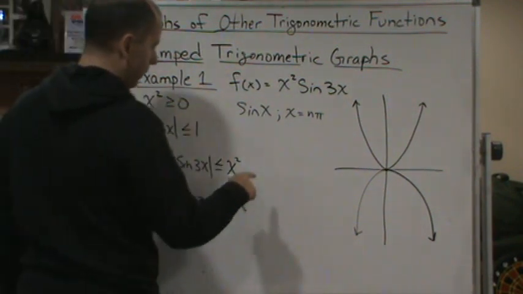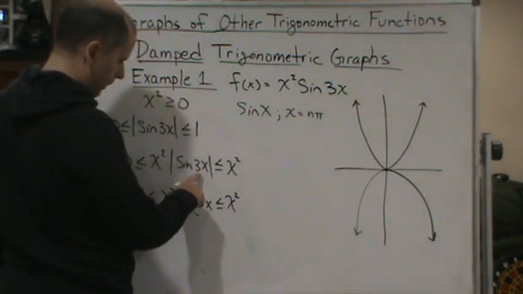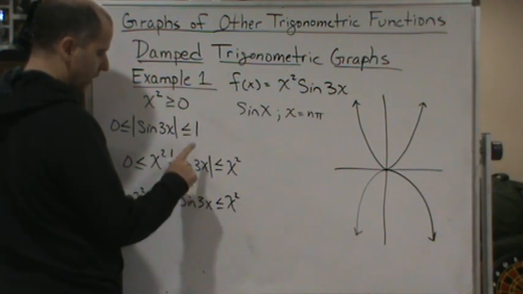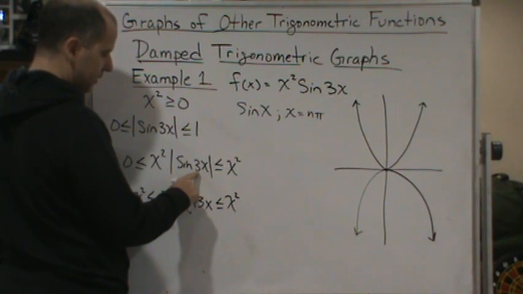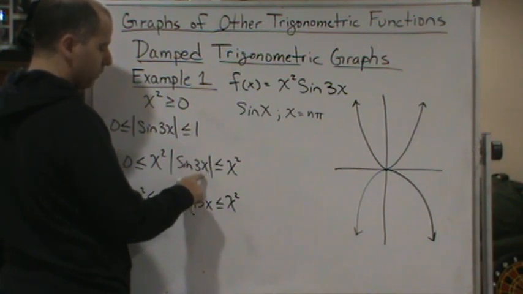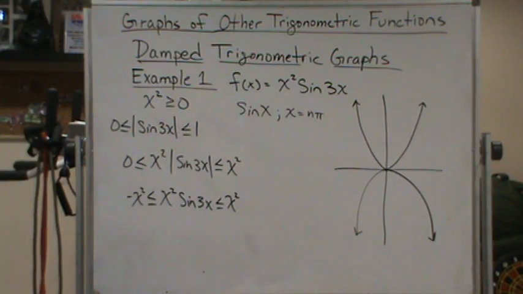So sine of 3x is going to equal 0 when 3x is pi, which happens when x is pi over 3, or 2 pi over 3, or 3 pi over 3, or 4 pi over 3. So some multiple of pi over 3.